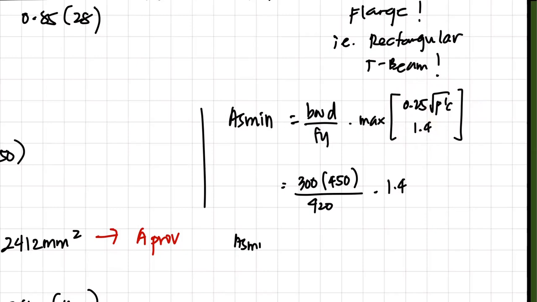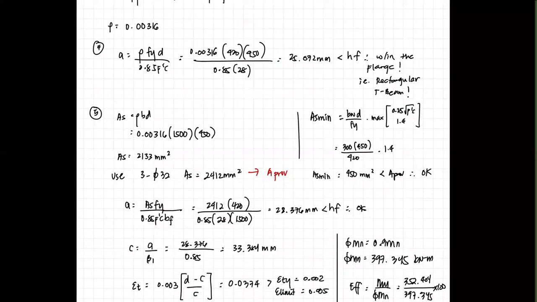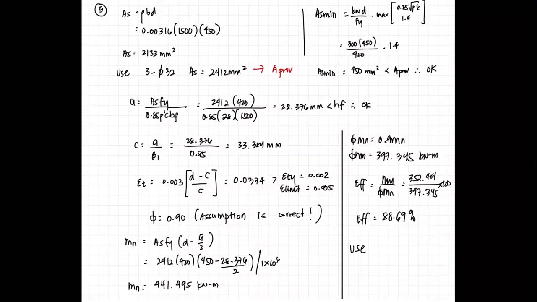So As minimum is 450 mm squared, which is less than dun sa area provided. Therefore, okay. Okay? So use 3 diameter 32 mm rebar. So that is our designed number of reinforcement adequate to support the given loadings.